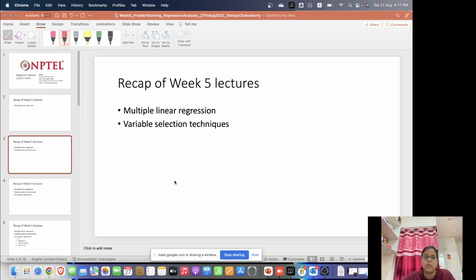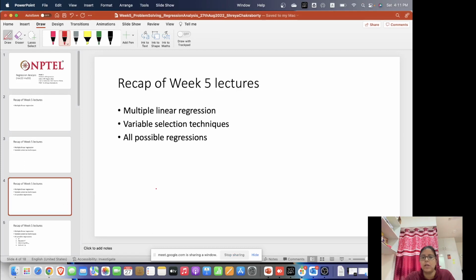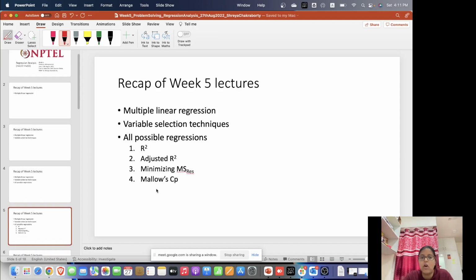For all possible regressions, we had looked into four metrics. Do you remember what they were? Okay, so I'll tell. It was the maximum value of r squared, the coefficient of determination, or the adjusted r squared.